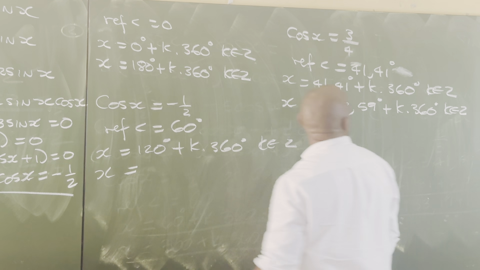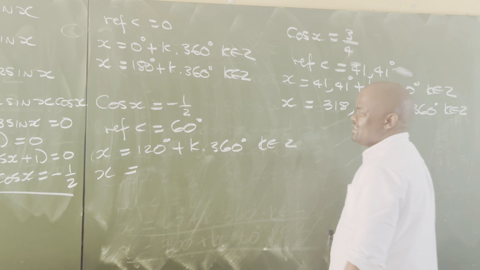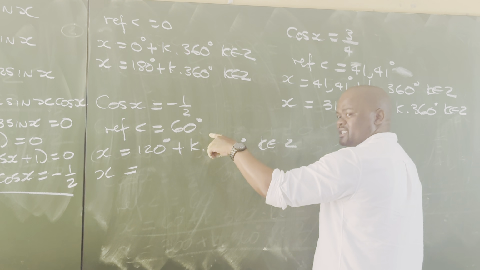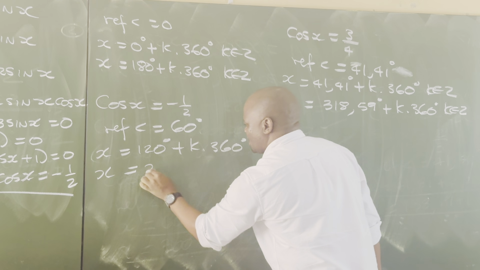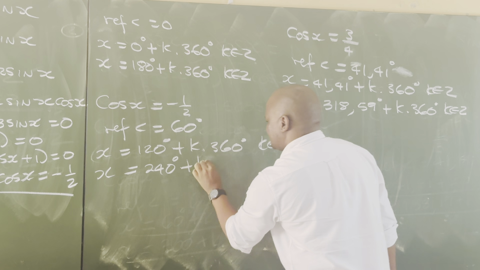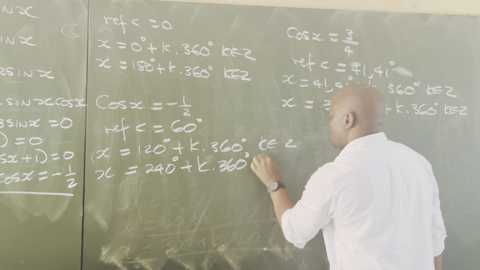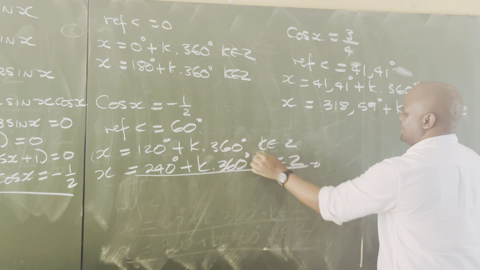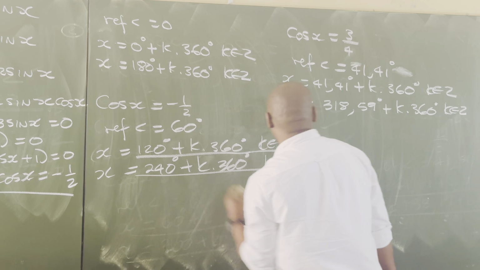Then the other solution will be 240, because we say 180 plus 60 since we are operating in the third quadrant. So this is 240 plus k times 360, where k is an element of integers. Please do not forget k is an element of integers, because you won't get a mark.